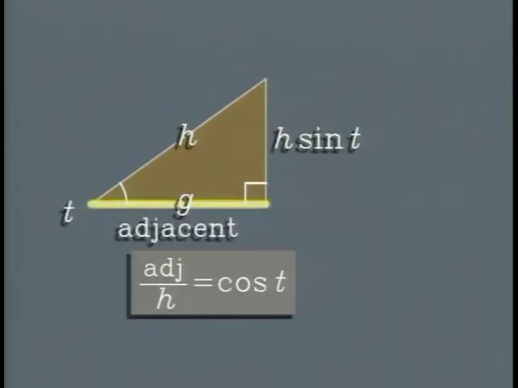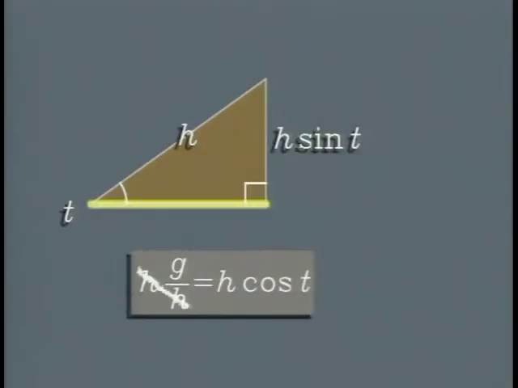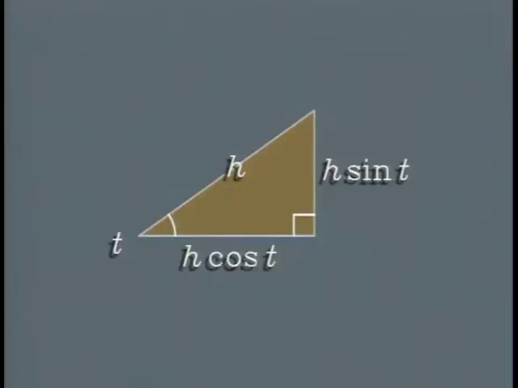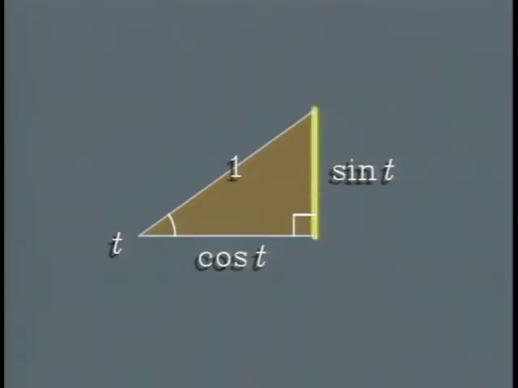And the side adjacent to angle t has length h times the cosine of t. When h equals 1, this side is sine t. And this one is cosine t.